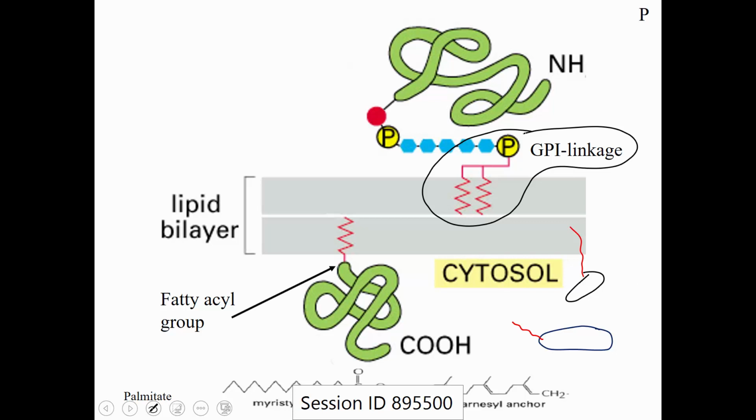N-linked glycosylation. Where did the N-linked portion of the glycoprotein exist? Inside or outside the cell? Outside the cell. So therefore, where do you think GPI-linked proteins always exist? Outside the cell, right? So whenever you see GPI-linked proteins, they're always facing outside.